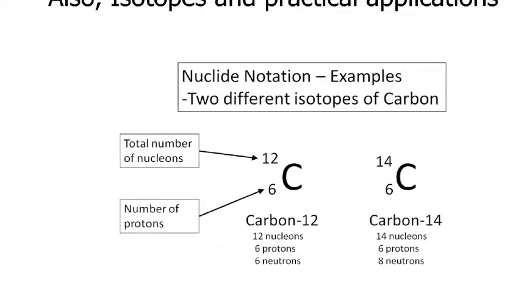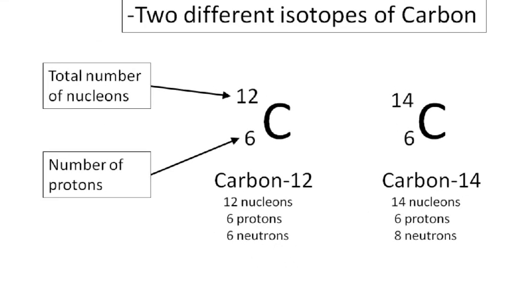So here's the idea of Nuclide notation. It's actually quite simple. This is what it looks like. The first thing you do when you're trying to write a certain isotope, which we'll talk about in a minute, a certain kind of atom with a certain number of neutrons and a certain number of protons, is as follows.